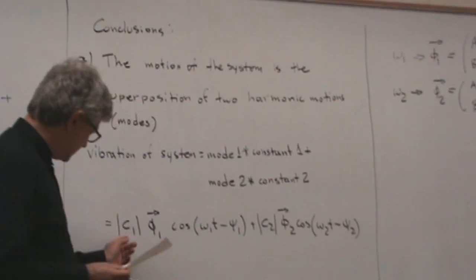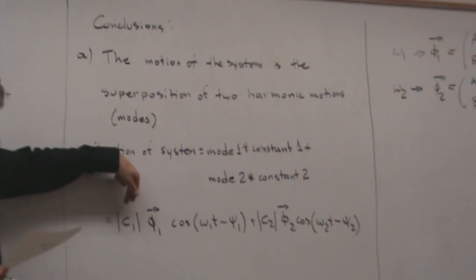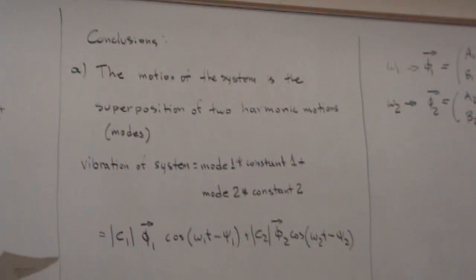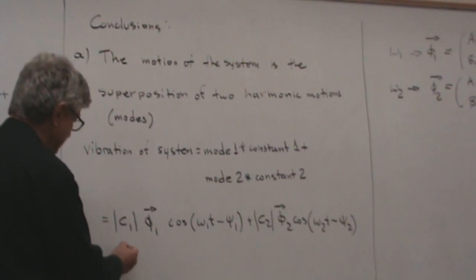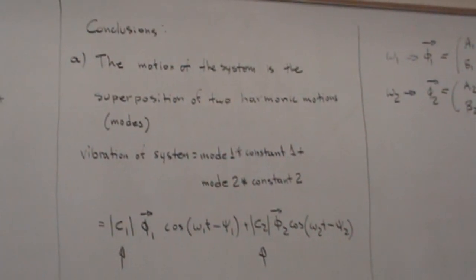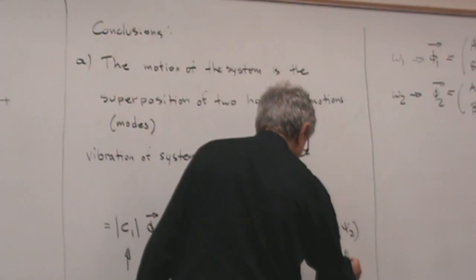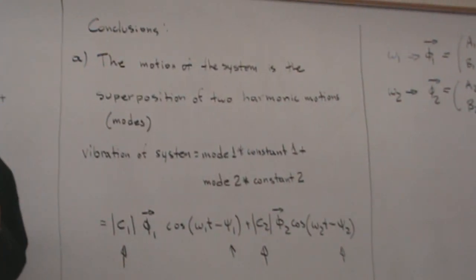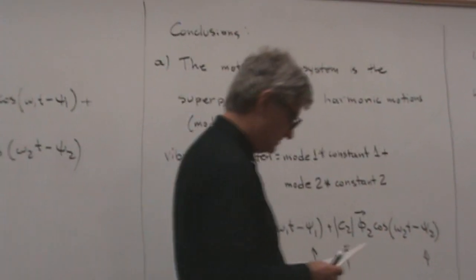Now, there are in this expression some numbers that are not defined. Even if you solve the free vibration problem, you still have some constants to find. The constants that need to be found are the two coefficients, C1 and C2, and the phase angles. In order to find the four numbers, you need initial conditions: two initial displacements and two initial velocities.